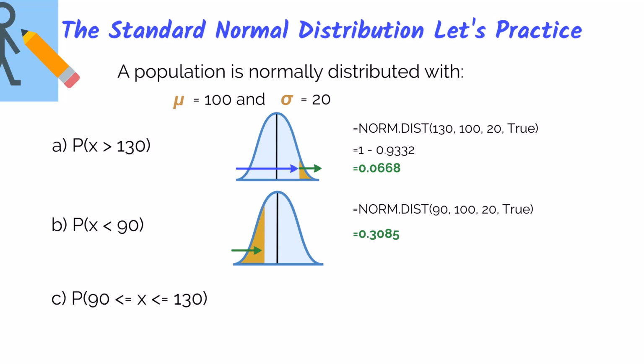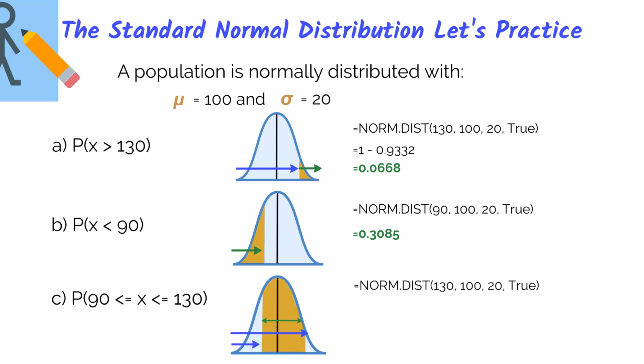So in the last one here, in part C, now we're interested in finding the probability that x is between 90 and 130. So here's our normal curve, and we are interested in the yellow area denoted by the green arrow. Now, we already did both calculations that we need to find the probability for both areas denoted by the blue arrows. In part A, we first found the probability of x being less than or equal to 130, and then took the complement of that number.